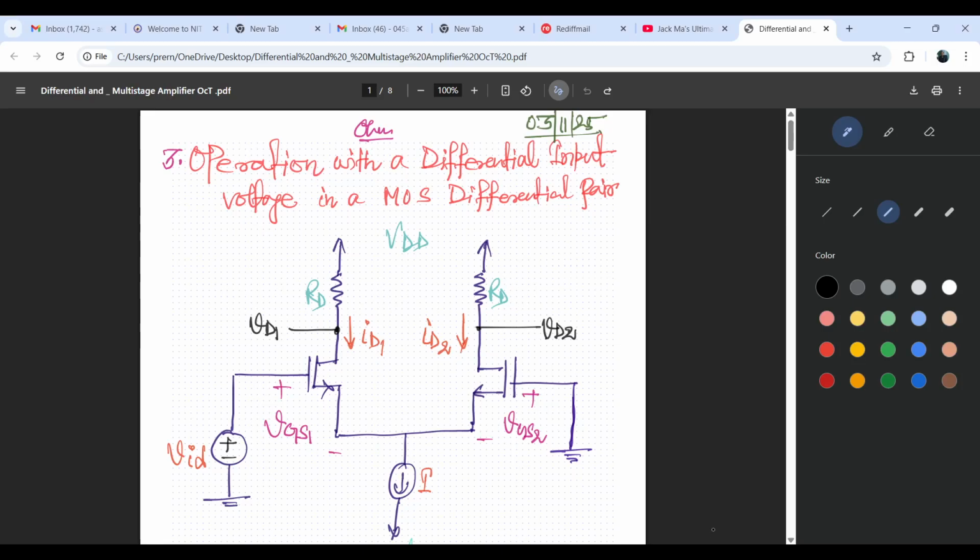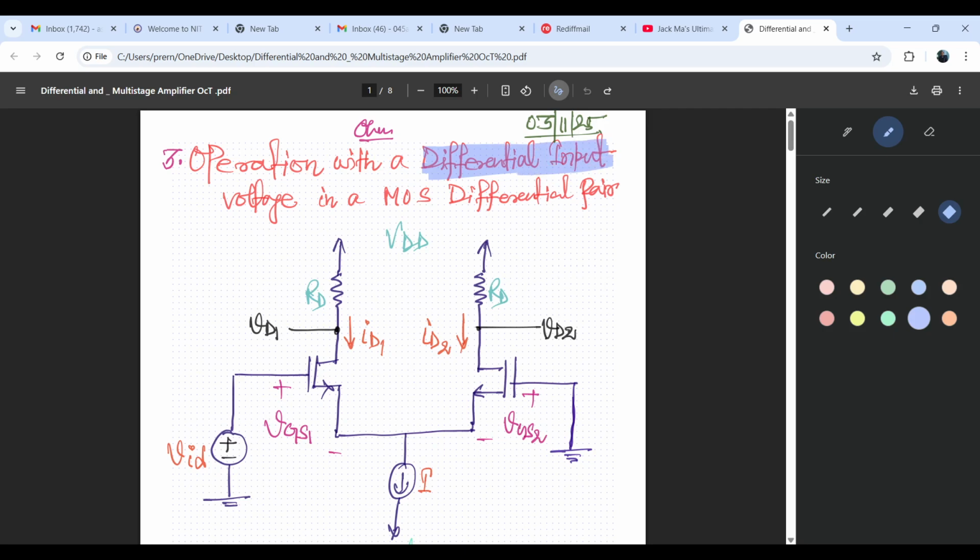Welcome everyone. In this video lecture, we will cover operation with a differential input voltage in a MOS differential pair. In the last video lecture, we covered the MOS differential pair with common mode input voltage. So today we will cover MOS differential amplifier operation with differential input.